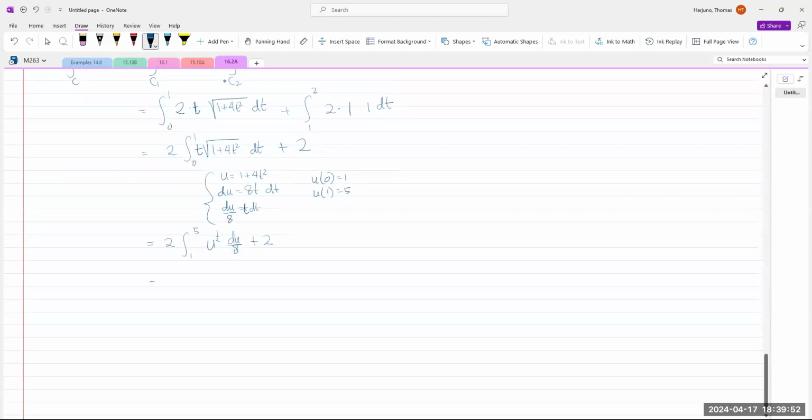So that's 1/4 times the integral of u to the 1/2, which is 2/3 u to the power of 3/2 from 1 to 5, plus 2. So that's 1/6 times (5 radical 5 minus 1) plus 2. Now that's for example number 2.